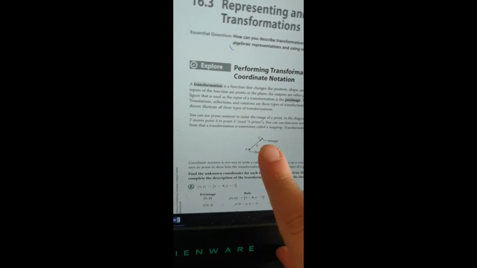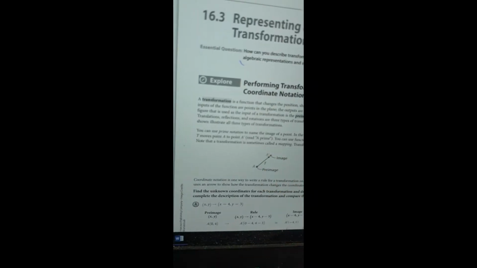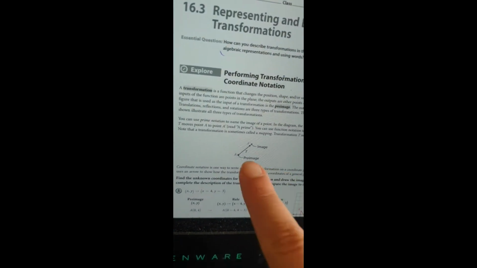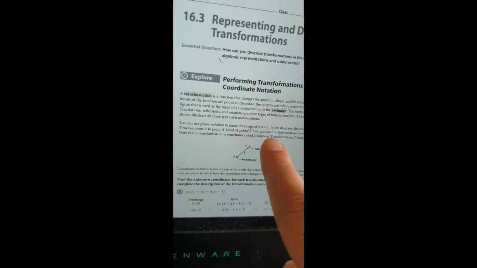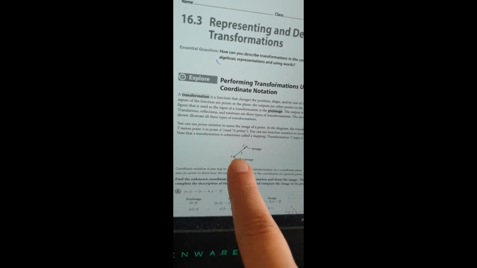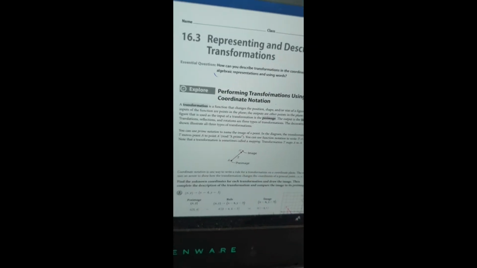Can you see this thing in here? This is called prime. So whenever I see A prime, B prime, C prime, I know that this is the image and that the one without the prime is the pre-image, the original one. Okay, let's start to solve question A in page 801.